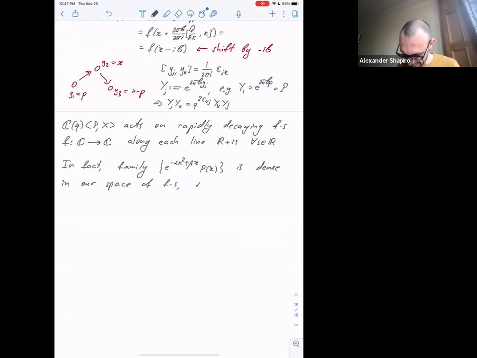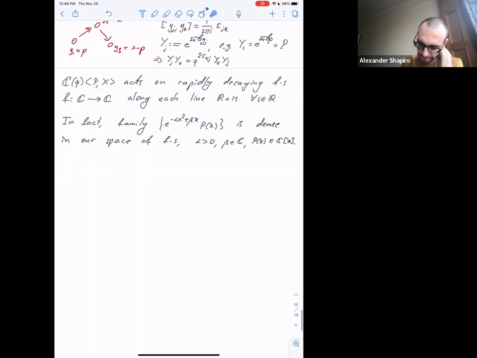Sorry, I was blanking on the word. And here alpha is greater than 0, and beta is a complex number, and p of x is a polynomial with complex coefficients, right? So clearly on these functions, you can act by multiplication by e to the constant times x, and you can shift in the imaginary direction, and that's still defined.